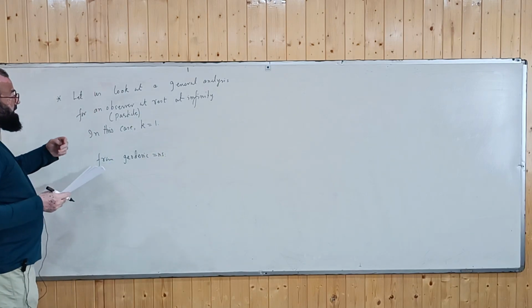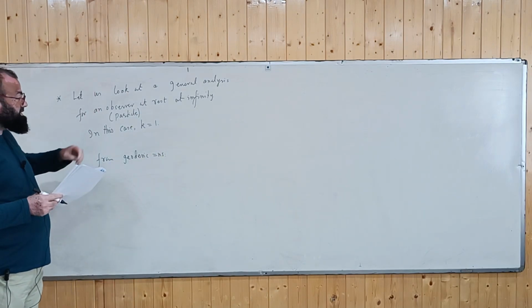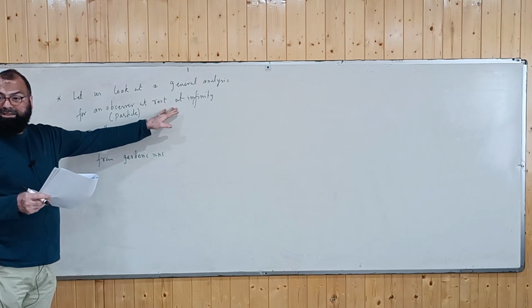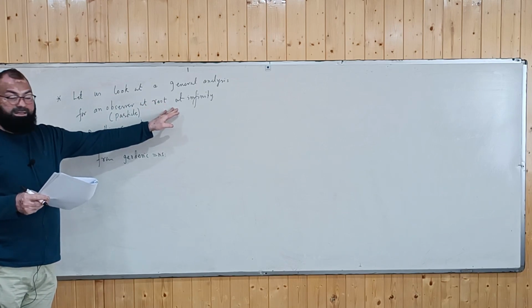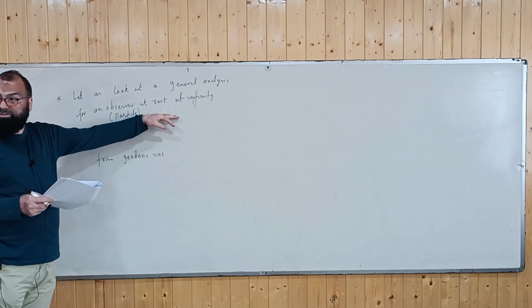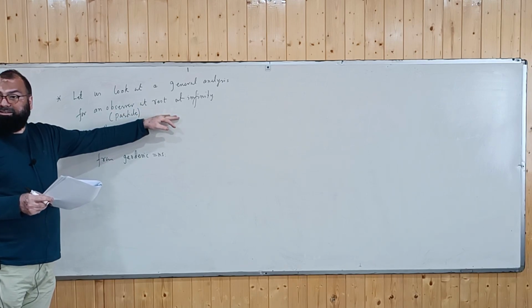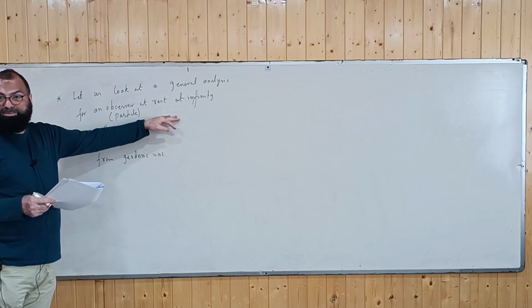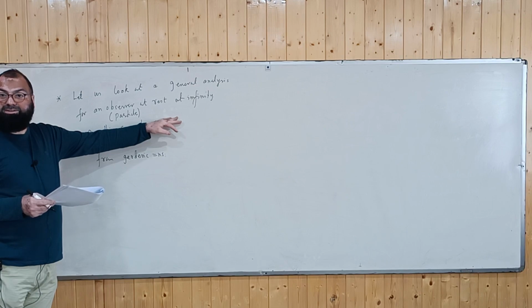Now tell me, you have an observer who is at rest at infinity, clear? Now what is the time? The time that is measured by this very observer in its own frame is the proper time, but that proper time we call the coordinate time.